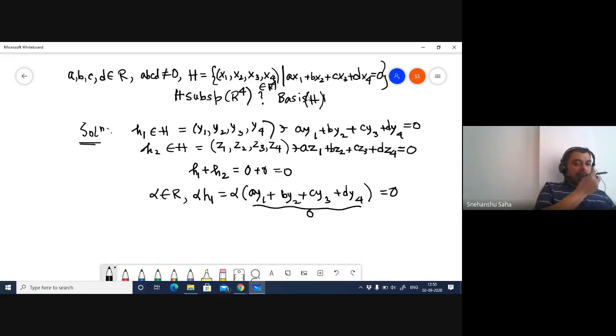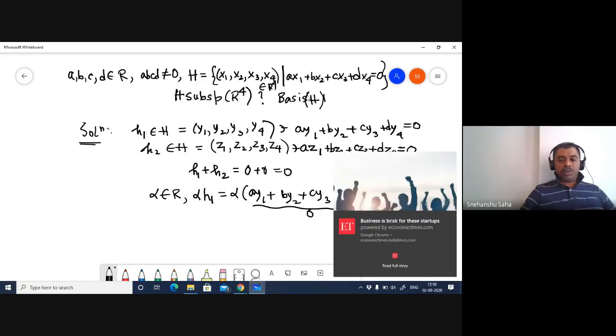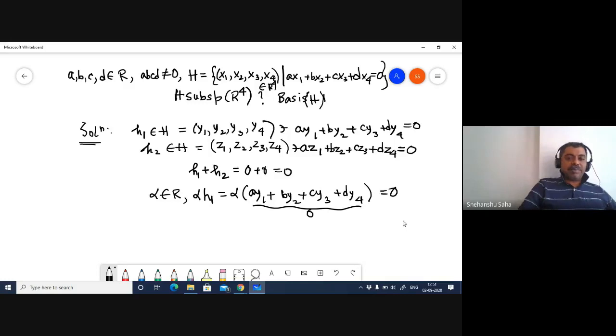So all we had to show is that if two elements are in H, then their addition is also in H, and scalar multiplication has the same closure property. Therefore H is a proper subspace of R4.